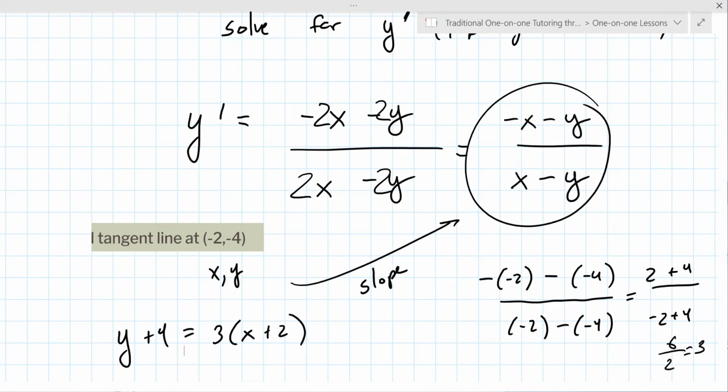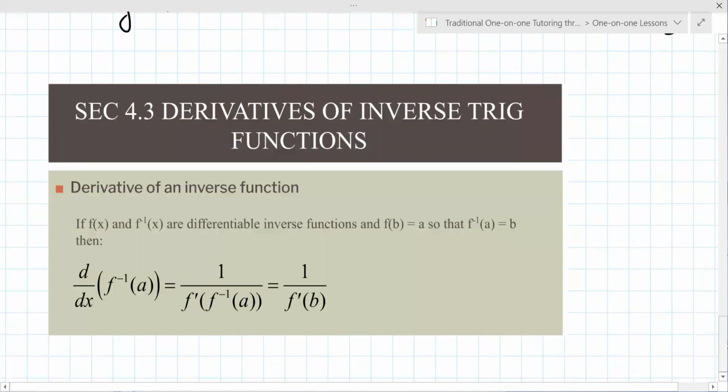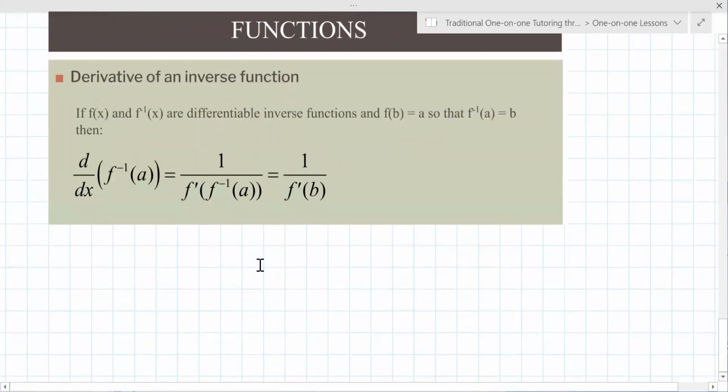Right. So the next page, which I'll snip in, is derivatives of inverse functions. It seemed like the examples we did were all from a table.